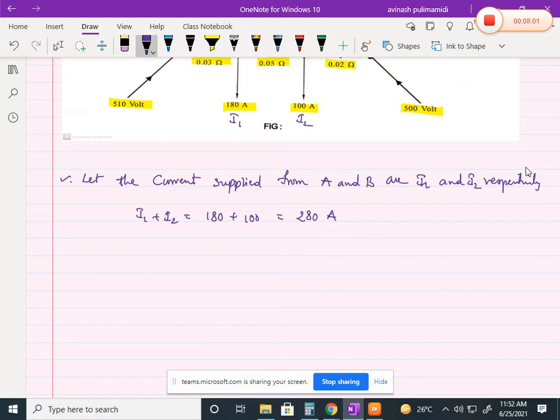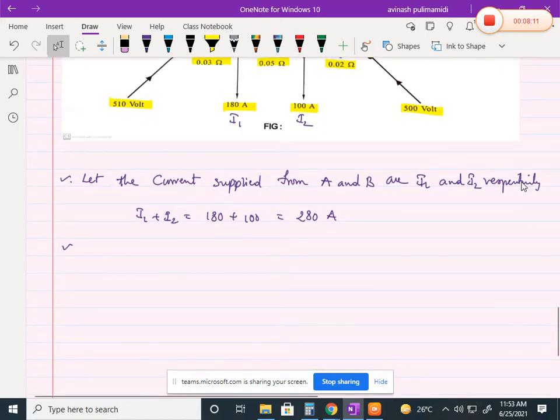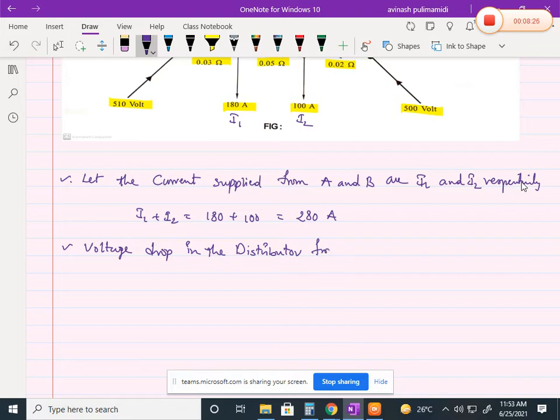Then voltage drop in the distributor from A to B. That implies VA minus VB.